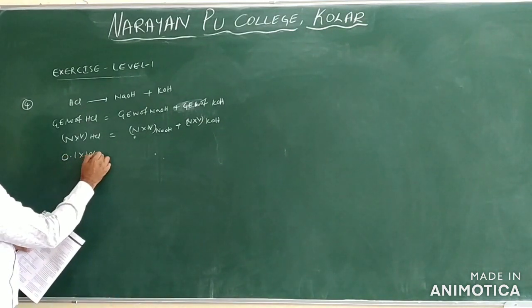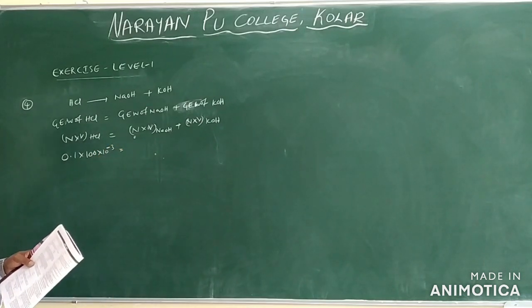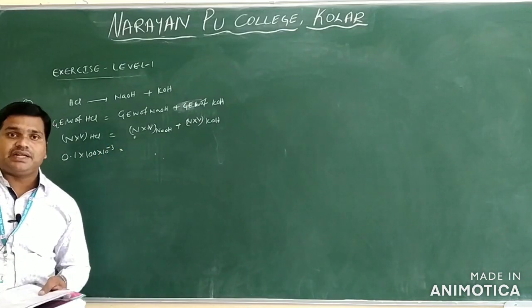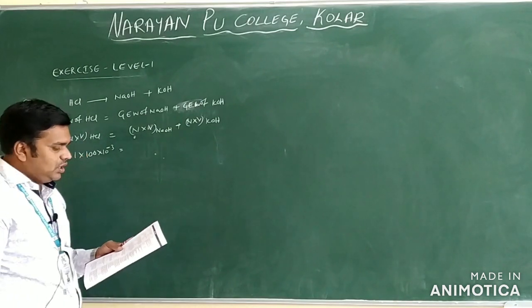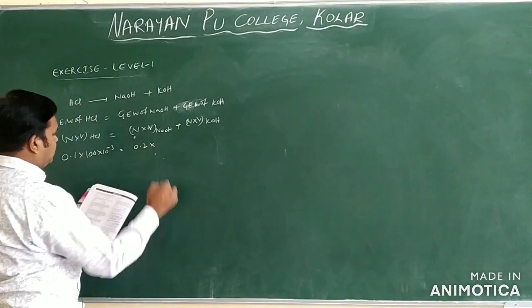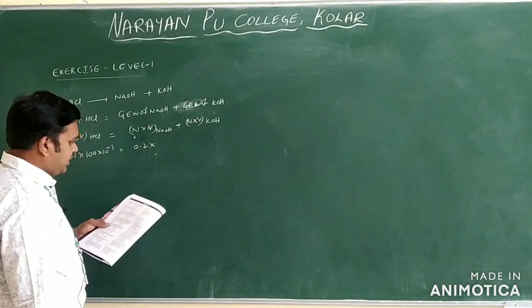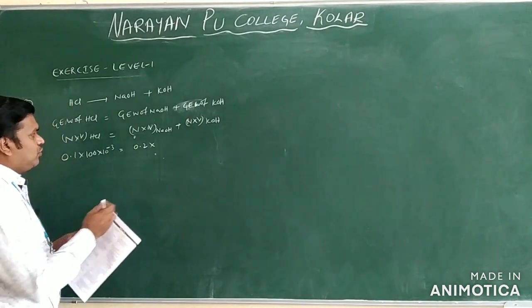So here the normality is given for HCl, 0.1 into 100 ml only. I will write here 100 into 10 power minus 3. Why? The volume is given in ml, you can convert it into liters, because here the volume should be in liters only. That is equal to, next, sodium hydroxide, they gave 0.2 into the volume they took. The titration was discontinued after adding 30 ml only.